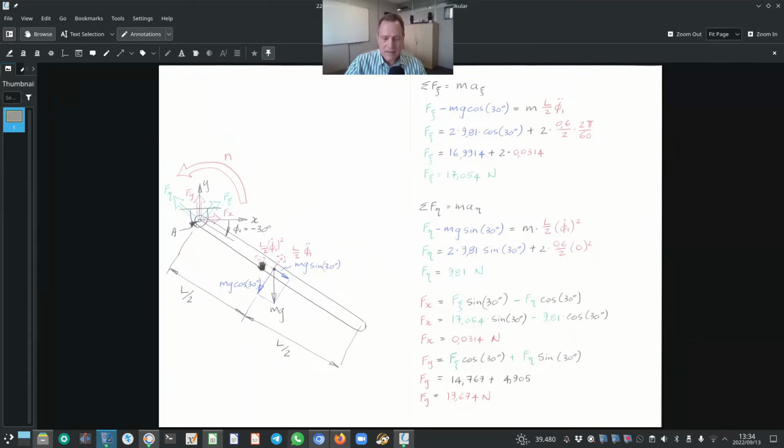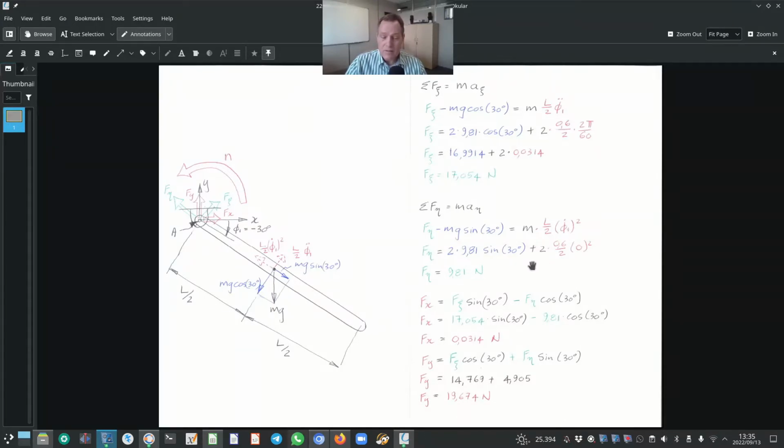So in the eta direction, with the pendulum rod being driven in the counterclockwise direction, causing an angular acceleration of 2 pi over 60 radians per second squared, there's also a component of acceleration in the positive eta direction, which equals this distance over here, L over 2, multiplied by the angular velocity squared. That's what you see over here.